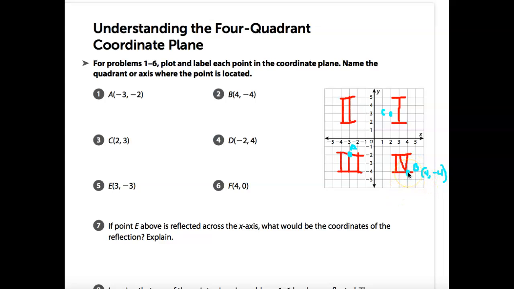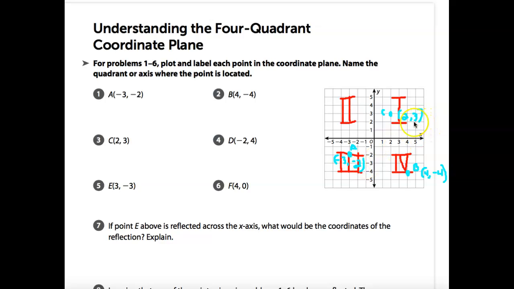Plot it means to put the point there, and then label it, B, and then the points. All right, so let's look at C. C was 2, 3. Okay, and then A was -3, -2. And I should have put a -3, comma, -2. All right? I'll let you plot and label the remaining ones.